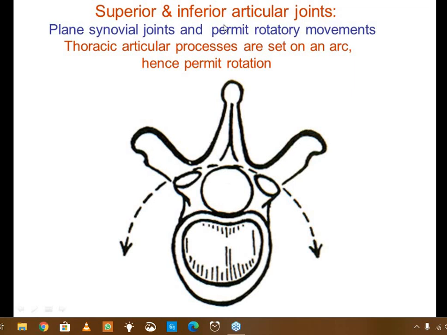As far as the superior and inferior articular joints are concerned, that is between the superior articular facets and the inferior articular facets present in relation to the vertebral arch, these are also plain synovial joints and they permit some rotation of the vertebra on either side.